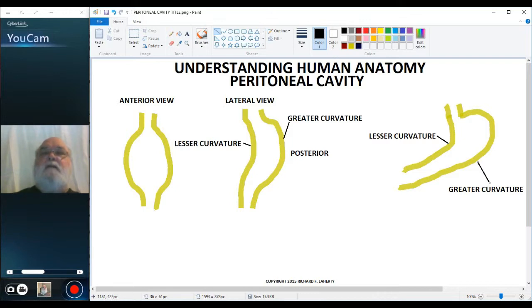So we want to go back to our cross section, but after this rotation and change in orientation from vertical to horizontal takes place.